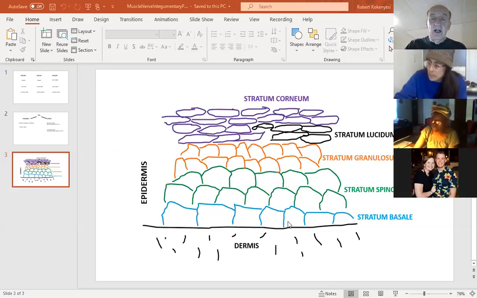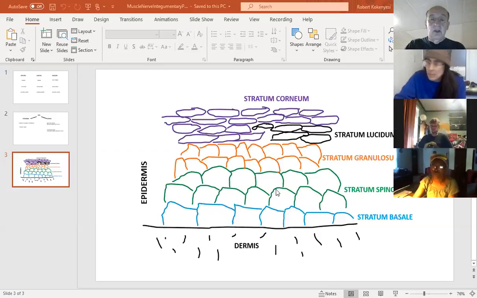When the stratum basale cells divide, the daughter cells are pushed superficially. So after two cell divisions, this green cell layer forms on top of the stratum basale cells. Remember, these cells keep on dividing, and these two cell layers in green are now pushed away from the source of nutrient and oxygen flow.